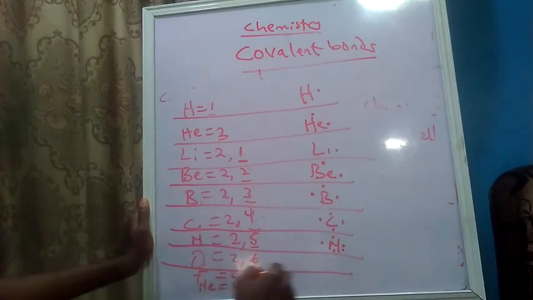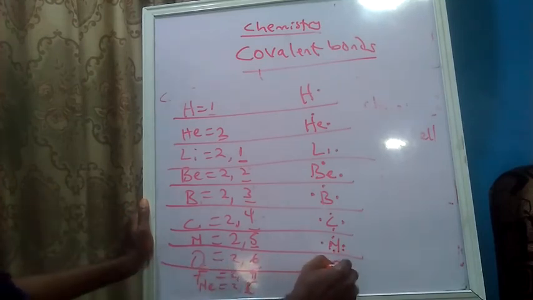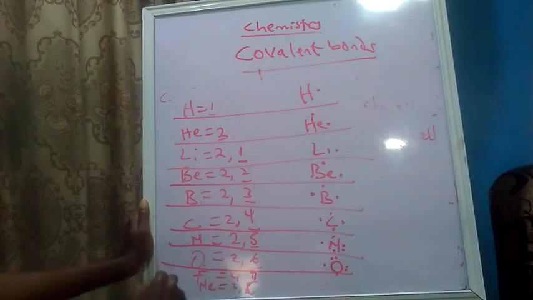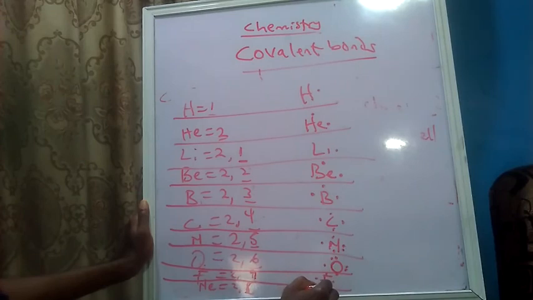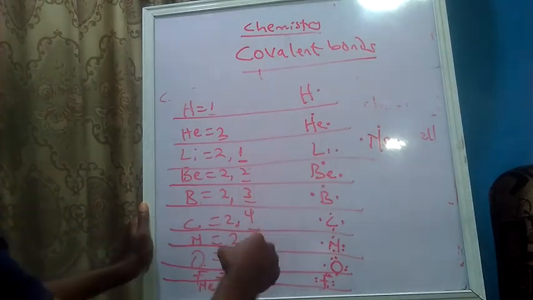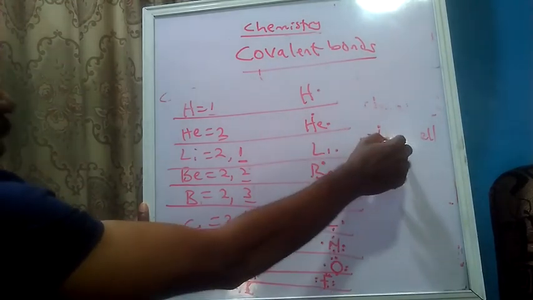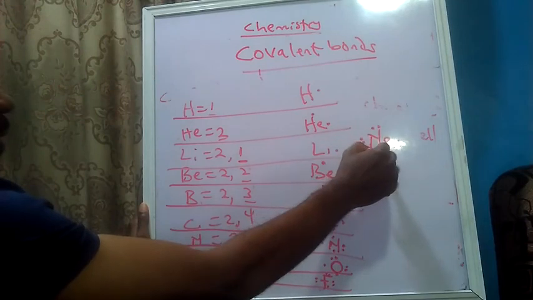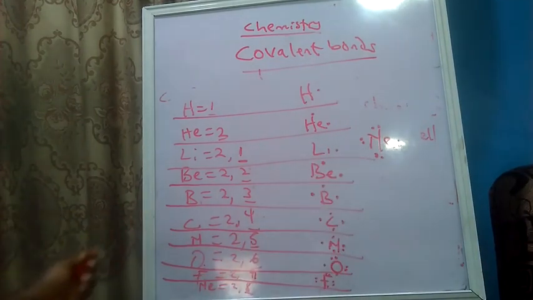And for oxygen, it is 6 dots. And for fluorine, it is 7 dots, so it has 3 paired electrons. For neon, that is 8 outer shell electrons, and neon's electrons are all paired.